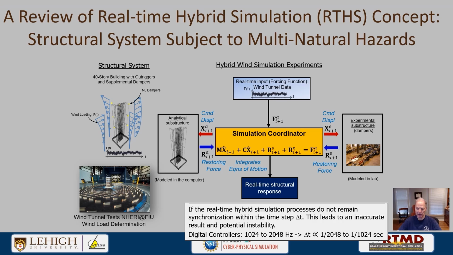If that's not done, we're going to get inaccuracies and potential instabilities. And the time steps are proportional again to this digital controller speed, and typically we have time steps of the order of 2/1024 to maybe as large as 6/1024, depending on the accuracy and the size of the system.